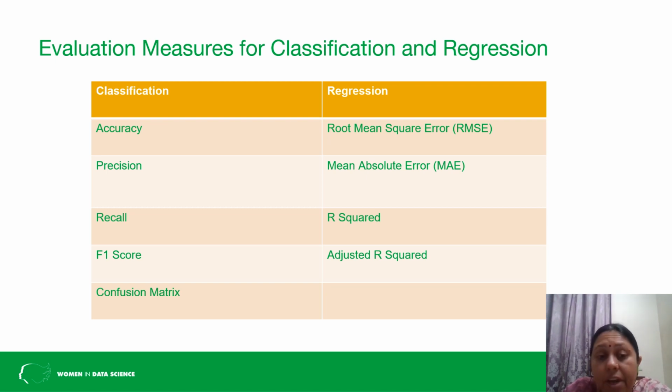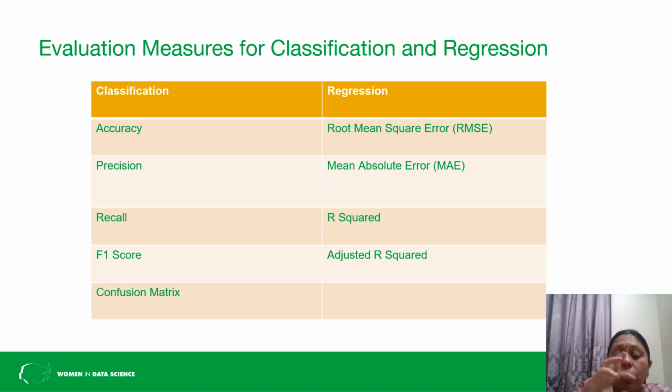So when I say that we are evaluating the performance, what are we looking at? In classification, we are looking at whether the class for the actual and the predicted output are the same or not. If they belong to the same class, that means our model has predicted accurately.